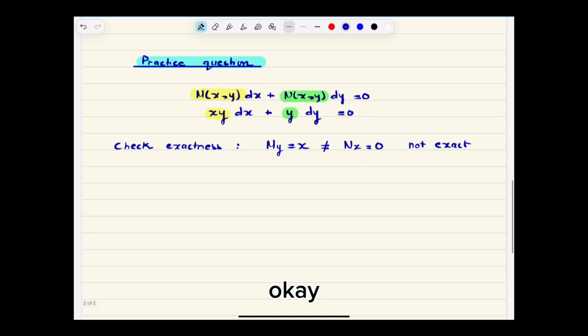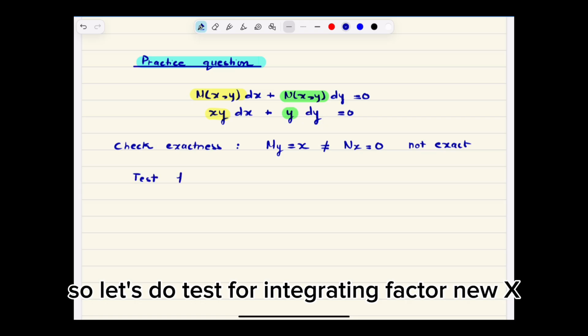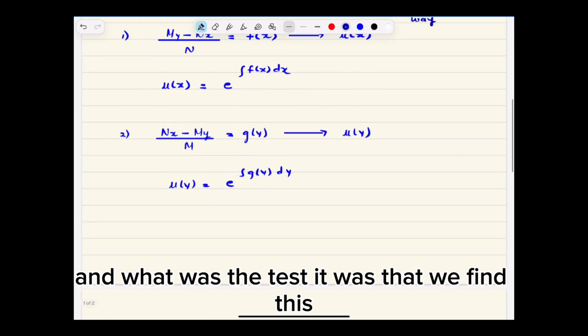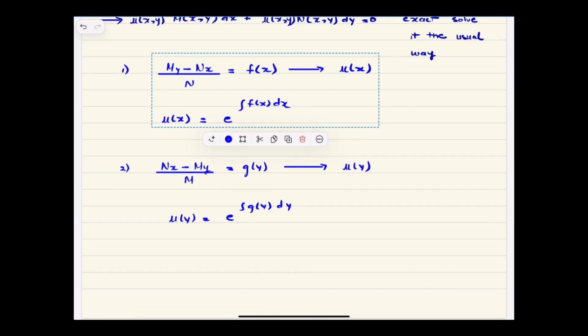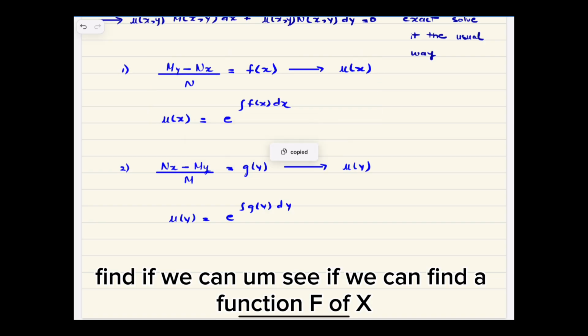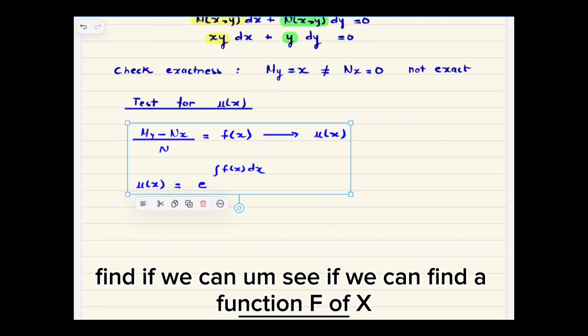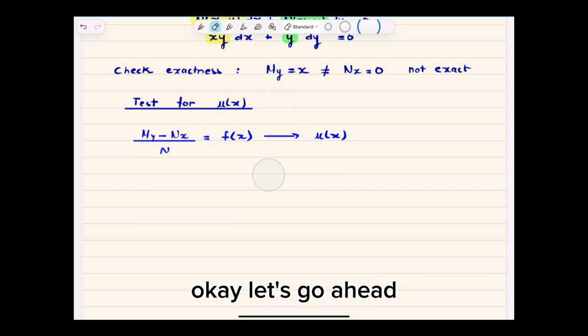Okay, so let's start by trying to find mu(x). So let's do the test for integrating factor mu(x). And what was the test? We see if we can find a function f(x).